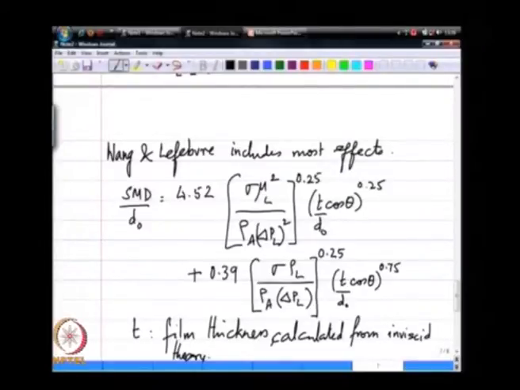So, that gives me the dimensionless film thickness. These quantities inside this square parenthesis, this part and this part, are essentially dimensionless groups that are functions of the Reynolds number and the Weber number. So, some combination of Reynolds number and Weber number, and alpha give us these groups.